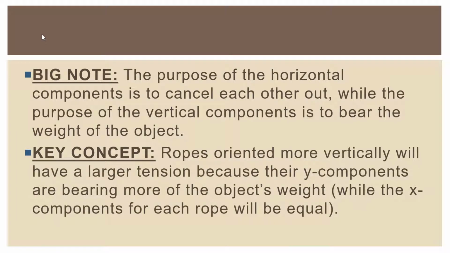While the x components are going to have to cancel each other out. So if the x components are always equal, but one has to take on more of the weight, then its tension is going to be bigger. Right? The x components are always equal. That's a crucial fact about these problems. Take a second to pause this video here and write that down. And when you hit play, we'll talk about the Atwood's machine.